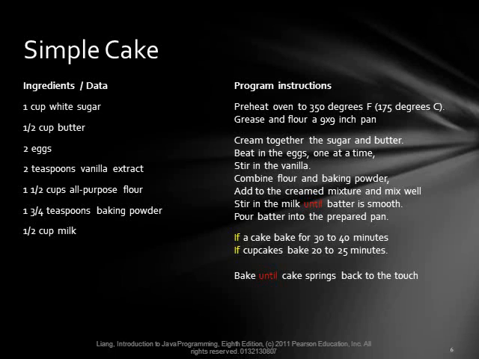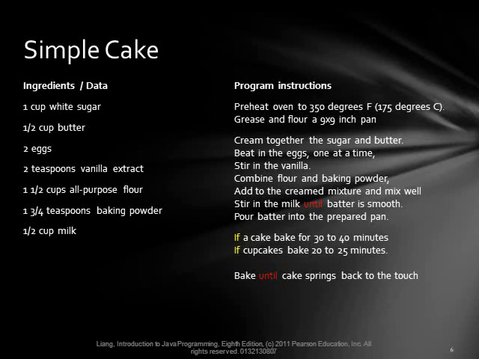There are three types of constructs: sequence, selection, and iteration or looping. If we look at the recipe, you follow it step by step, one instruction after another. That is a sequence of instructions.